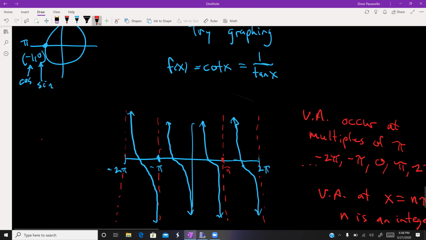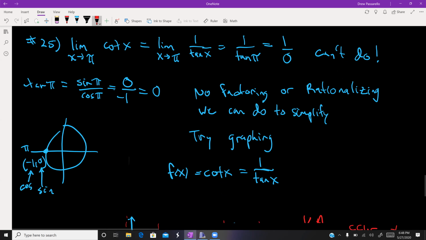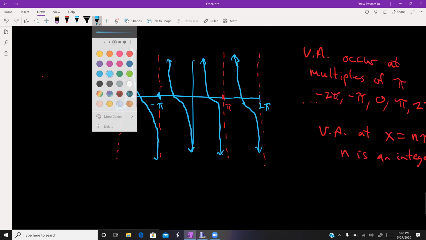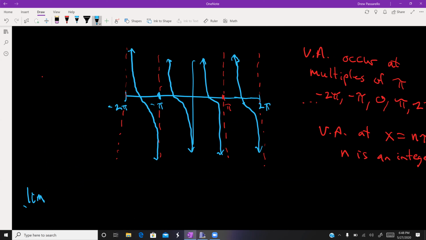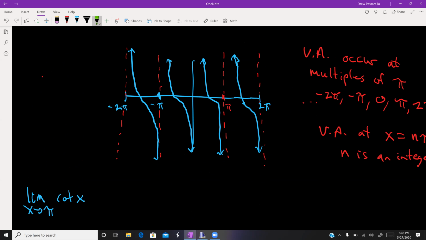Now the question wants the limit as x approaches pi for cotangent. So the limit as x approaches pi, which we know there's an asymptote, right? So just looking at it though, if I were to approach pi from the left, this thing is shooting down to -infinity.